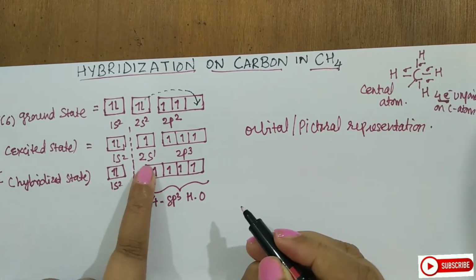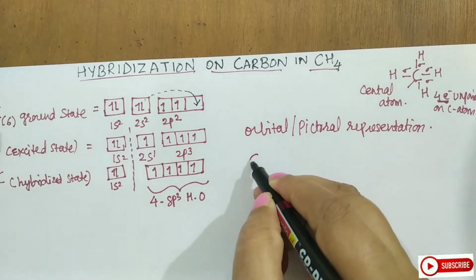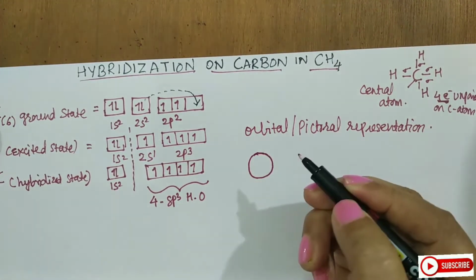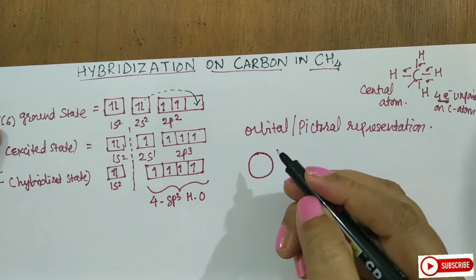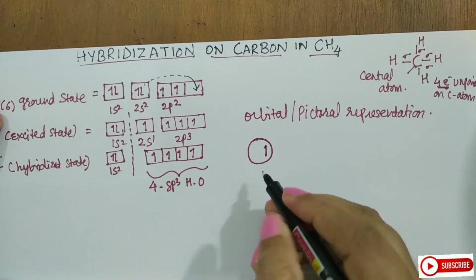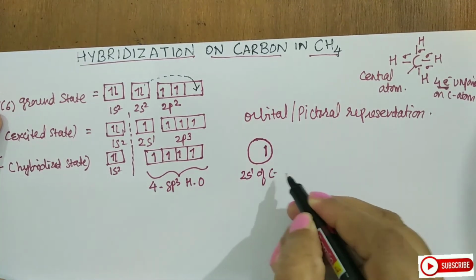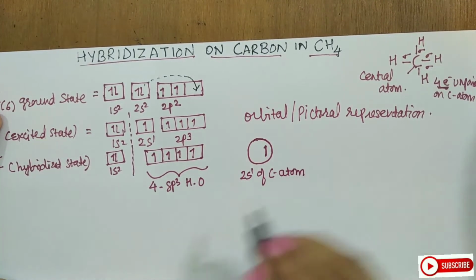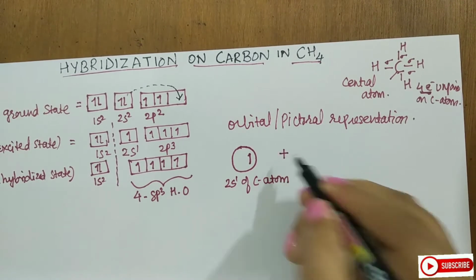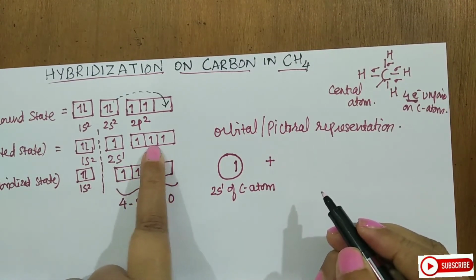Now here we have 2s1 of carbon. The s orbital is spherical in shape. So this one electron I will show in this one, and this 2s1 of the carbon atom is now mixing with the 3p orbitals of carbon.